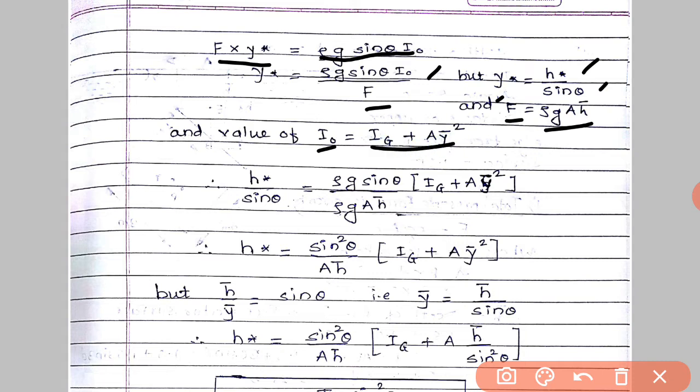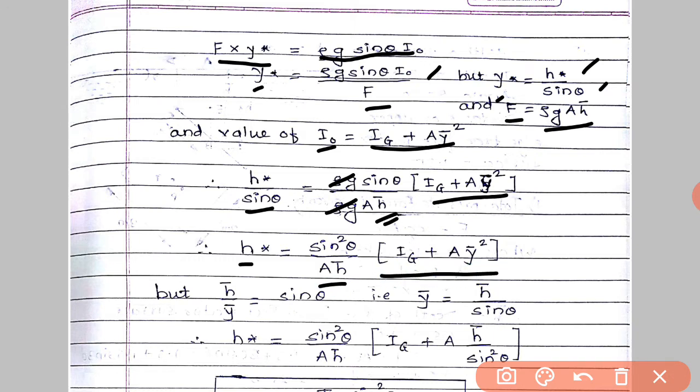So first put here value of y star is h star upon sin theta, then we'll put value of force here, rho g and rho g will get cancelled, and put value of I0 is Ig plus a y bar square. So final equation comes as h star upon sin theta is equal to sin theta upon a h bar into Ig plus a y bar square.